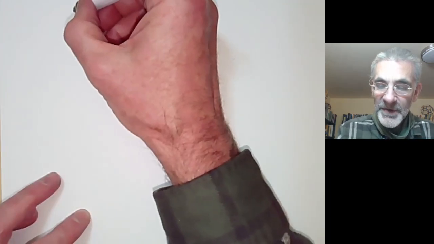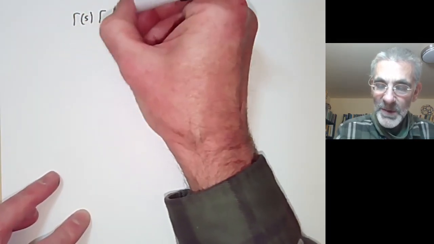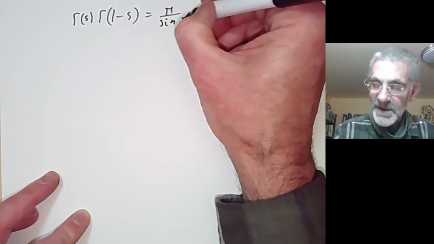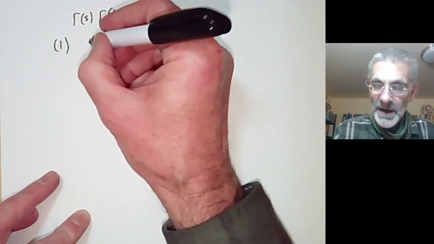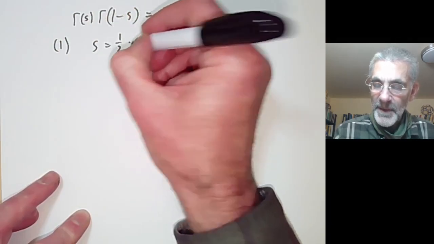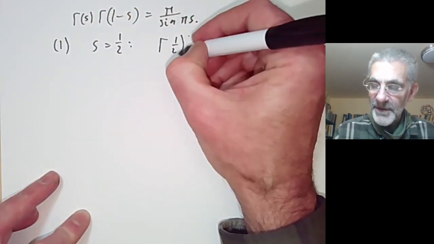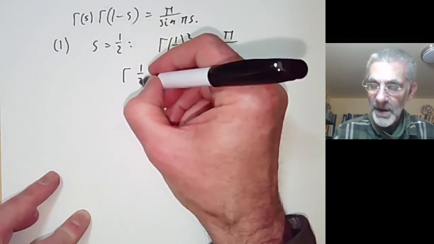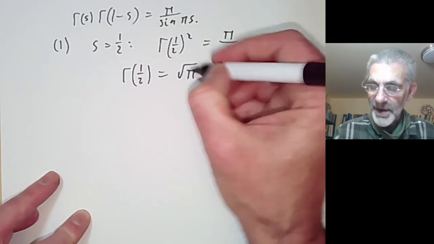Incidentally, there are a couple of useful properties of gamma s times gamma 1 minus s equals pi over sine pi s that we ought to note. First of all, let's put s equals a half. Well, we find gamma of a half squared is equal to pi over 1, so gamma of a half is equal to root pi.